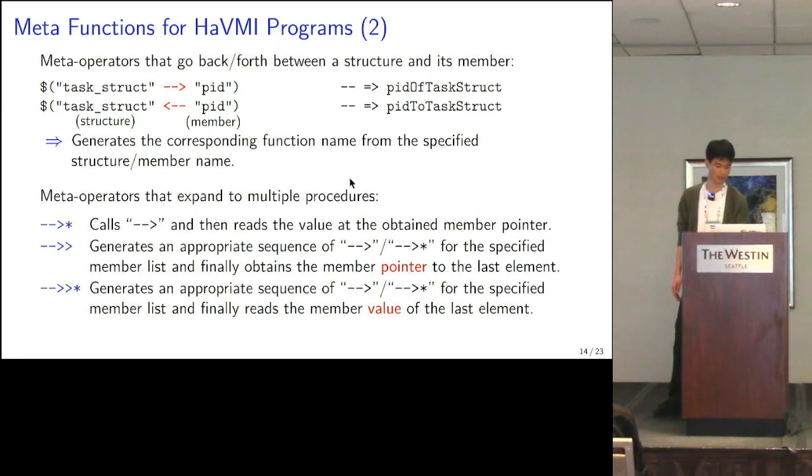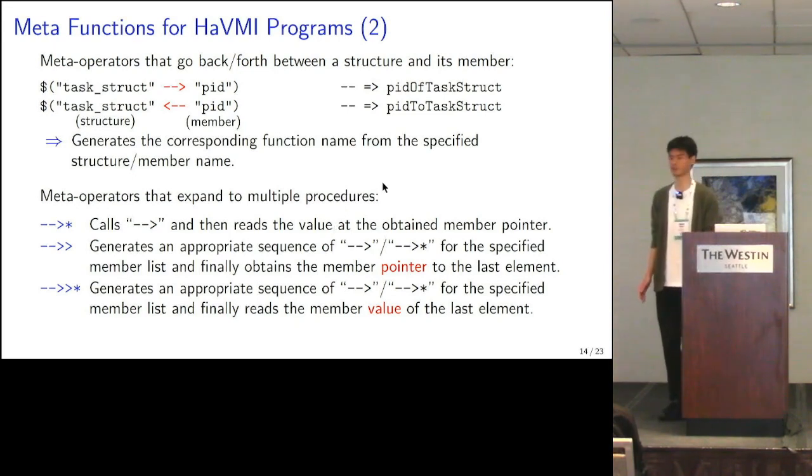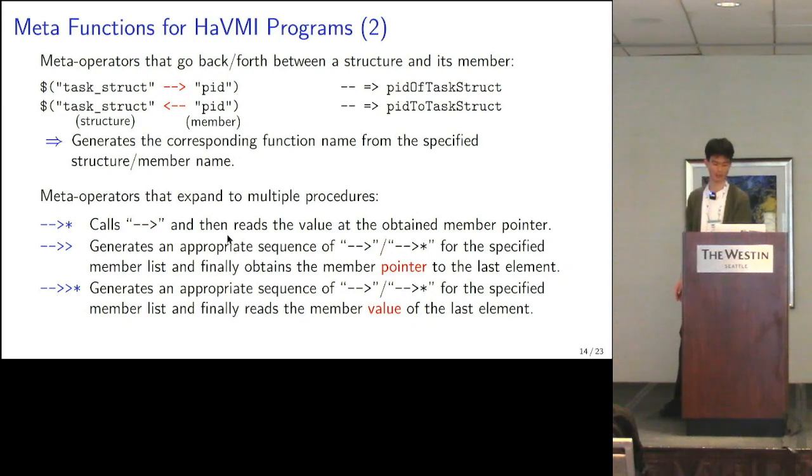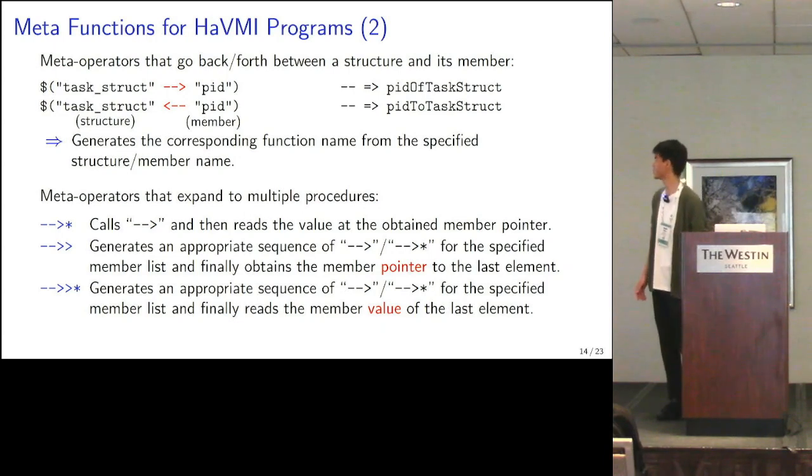In addition, these three meta operators that expand to multiple procedures are available. The first one, the right star arrow operator, calls the right arrow operator, and then reads the value at the obtained member pointer.